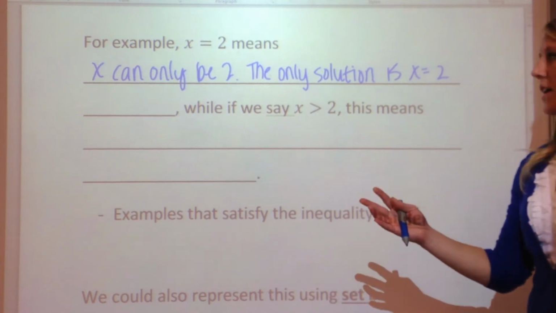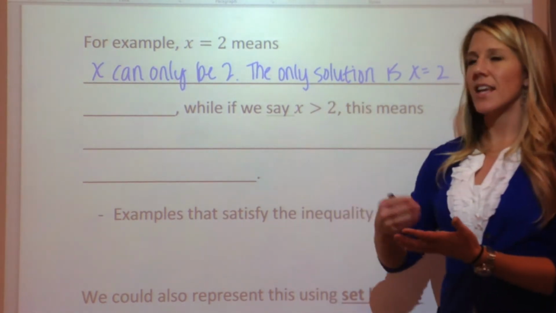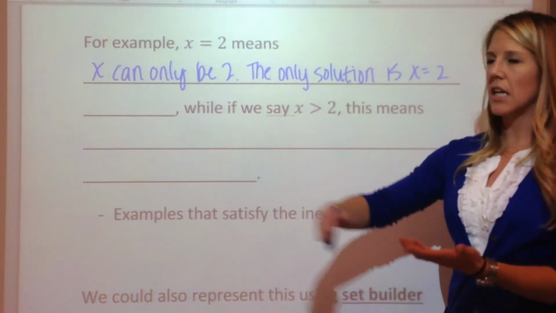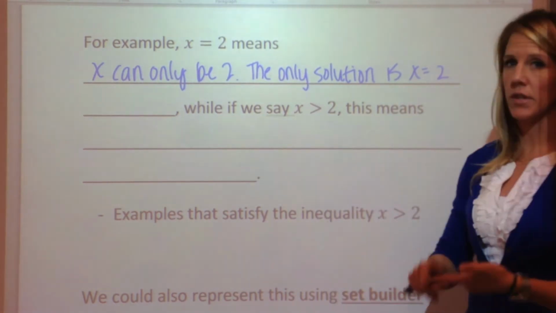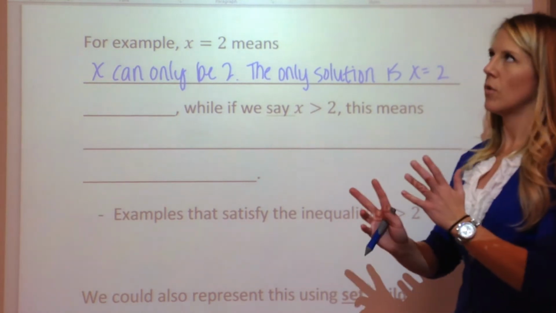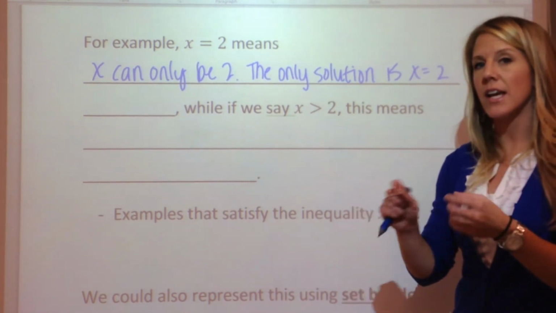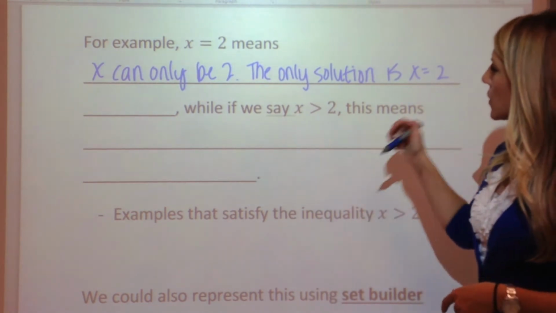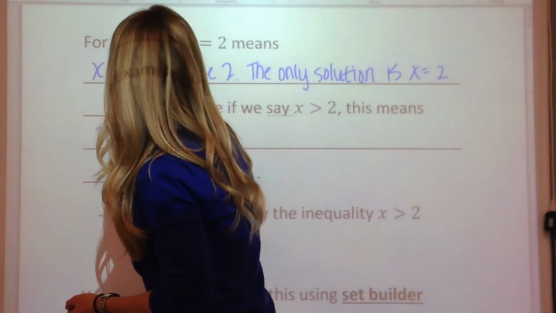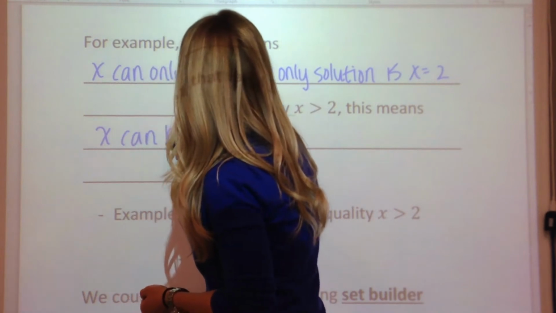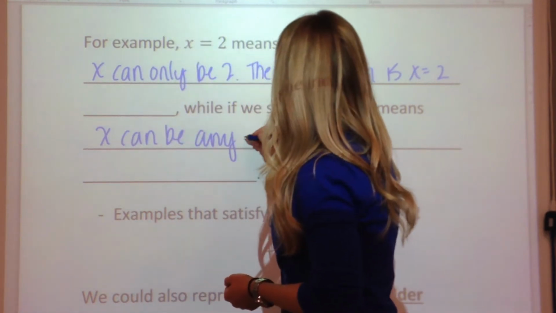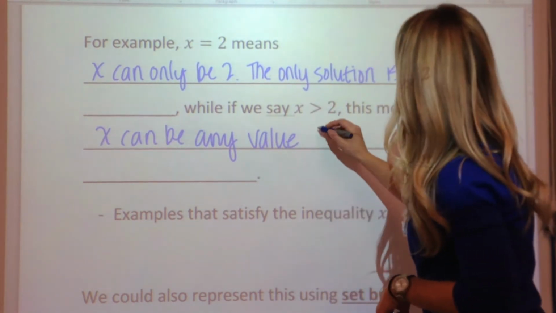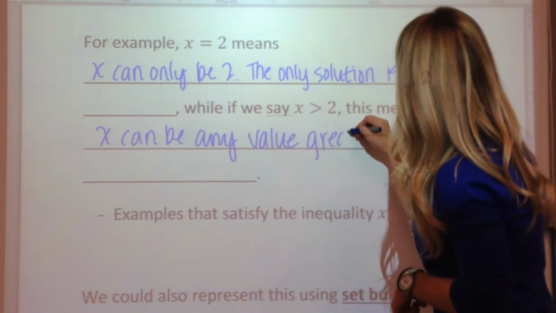It could be 15,000. So it has an infinite number of solutions. It can be any number as long as it's greater than 2, anything thereafter. So every decimal, every fraction, every whole number, every integer after 2. So while we say x is greater than 2, this means x can be any value, any real number greater than 2.